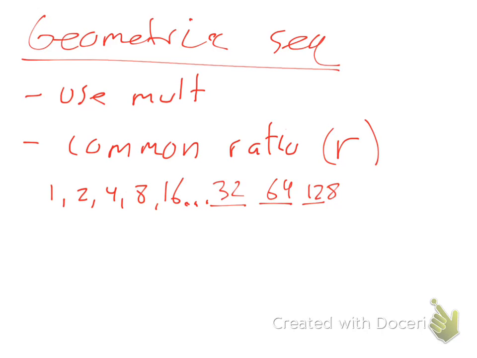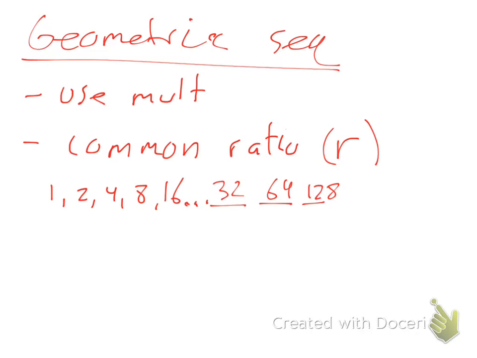Multiply by 2. So, like before, we were able to look at the problem and do a little bit of subtracting to find the common difference. I think everybody would realize that 2 minus 1 is 1, but 4 minus 2 is 2. That's not the same. Wait a minute. It shouldn't be the same because this one is a geometric sequence. The last one was an arithmetic sequence.